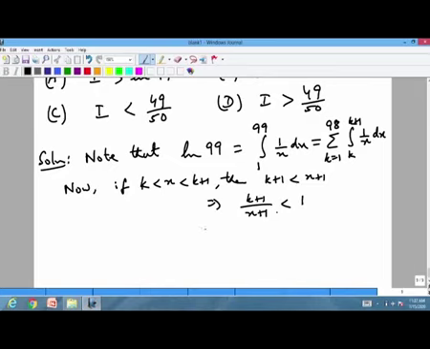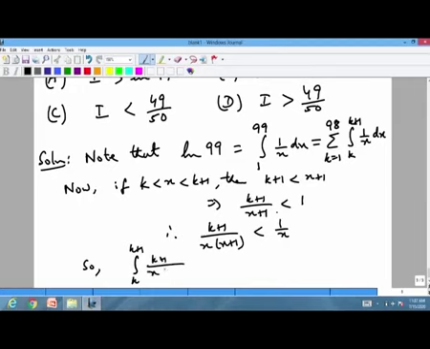So, therefore, k plus 1 by x times x plus 1 is less than 1 by x. So, integral of k to k plus 1 of k plus 1 by x times x plus 1 dx is less than integral of 1 by x dx from k to k plus 1.